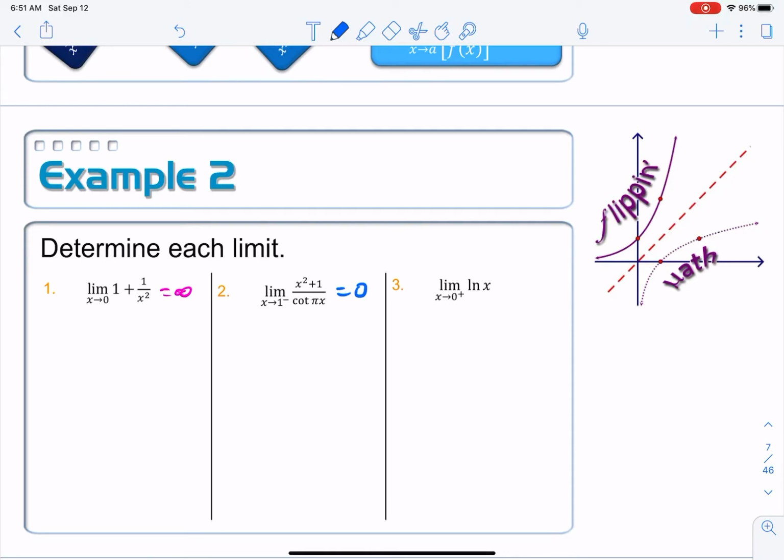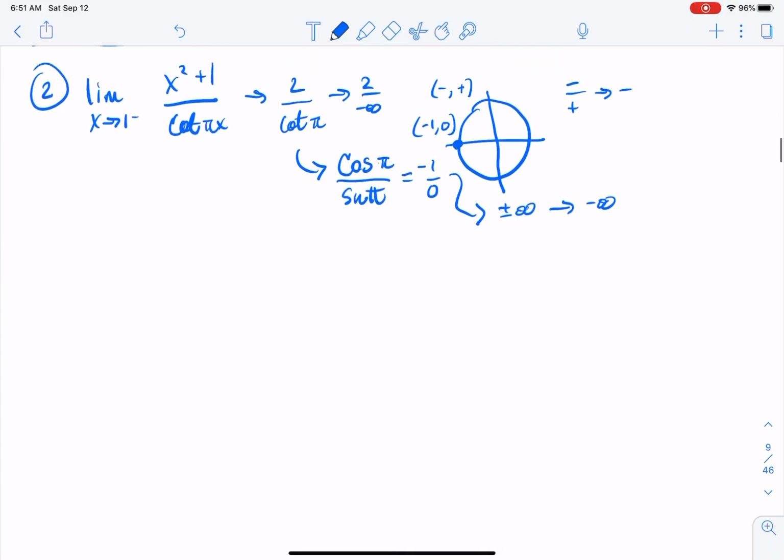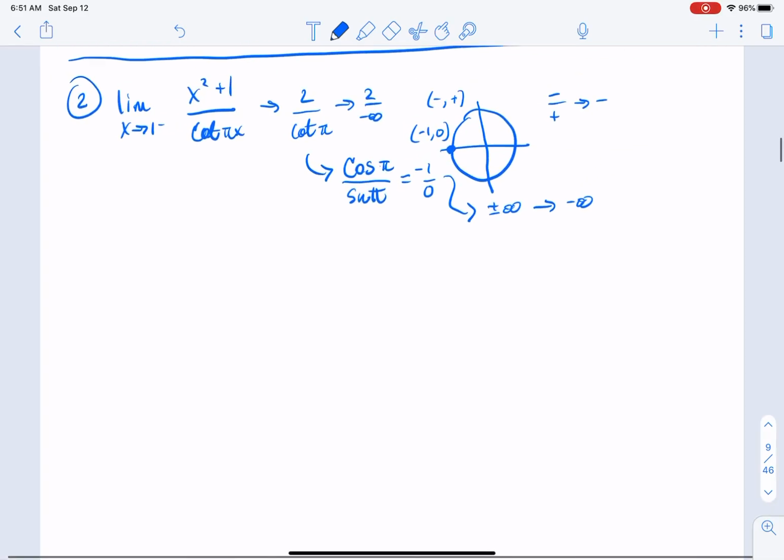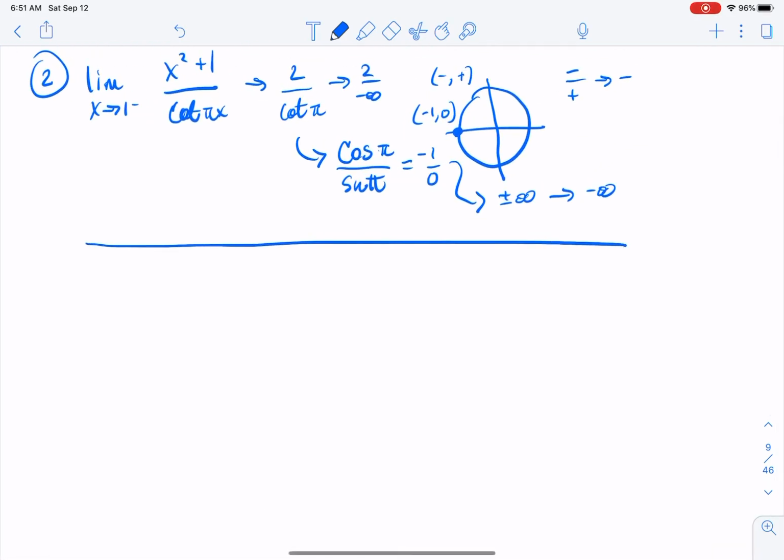All right, so let me show you how we could have done it by avoiding cotangent altogether right here. So I could have rewritten this as a sine and a cosine on the bottom. Limit as x approaches 1 from the left, x squared plus 1, and instead of cotangent, write cosine pi x over sine pi x.